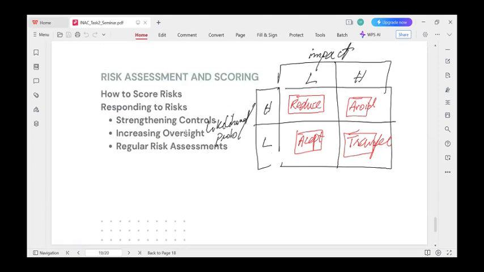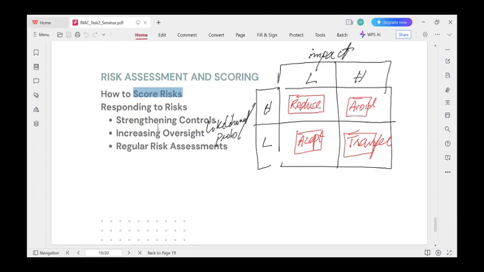Okay, now how can we respond to the risk after scoring risk? We scored the risk previously, and now how are we going to respond to those risks? Strengthening controls. Either we can strengthen our controls, or we can increase our oversight.